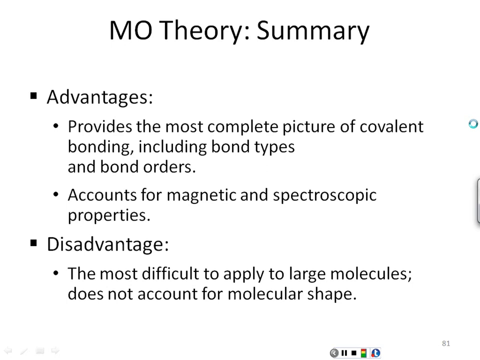If you're going to try it on larger molecules, it's really impossible unless you use a hardcore simulation program. Another big disadvantage is that it does not account for molecular shape. So you really have to use a number of these theories together to get a full description of molecular shape, molecular bonding, and magnetic and spectroscopic properties.